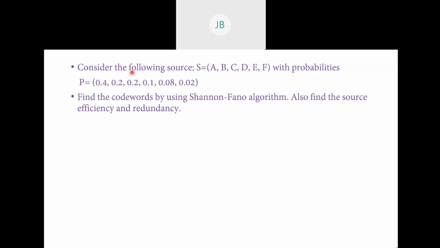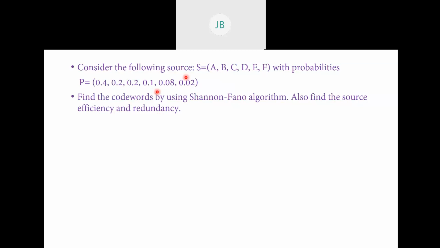The question is: consider the following source with symbols S equal to A, B, C, D, E, F, and the probabilities 0.4, 0.2, 0.2, 0.2, 0.01, 0.08, and 0.02. Find the code words using Shannon-Fano encoding algorithm. Find the source efficiency and redundancy.